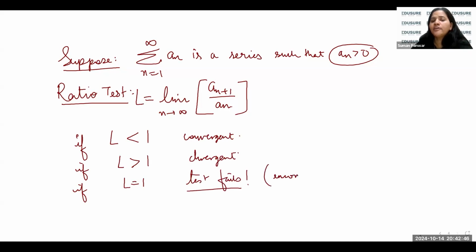That means we cannot conclude anything with the help of the ratio test. So the ratio test is very useful when we have a limit L less than 1 or greater than 1, because L less than 1 implies that the series is convergent and L greater than 1 implies that the series is divergent. So this is the ratio test. Let's see whether we can have some questions related to this.